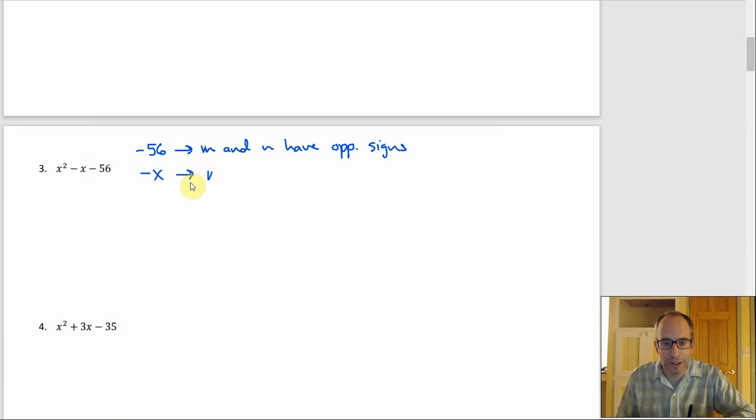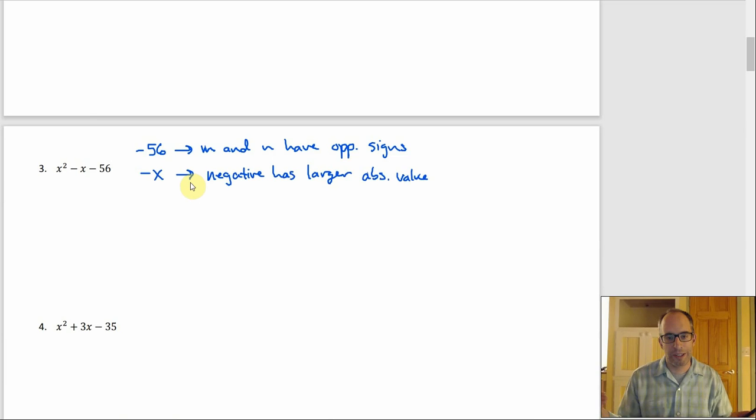So that would mean that the negative has the larger absolute value, right? If you're adding a negative and a positive together and getting a negative, then of the two original numbers, the negative must have been farther away from 0. So bigger absolute value.